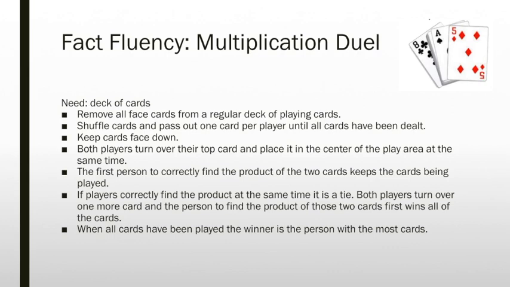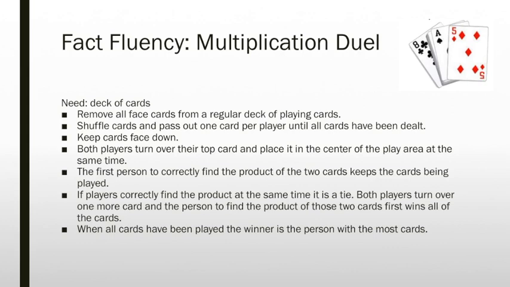And both players will turn over their top card and place it in the center of the pile at the same time. Now, the first person to correctly find the product, remember product is when we multiply 2 numbers together, will be able to keep those cards, okay? Now, if it happens that you both come up with the same correct product at the same time, it's time for a duel.